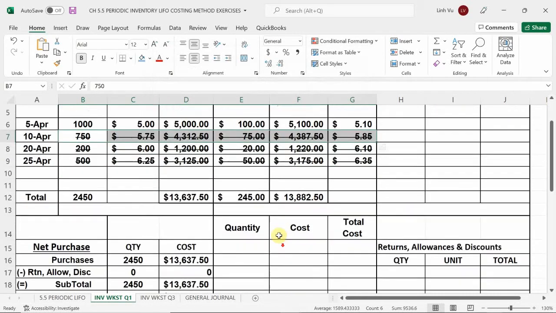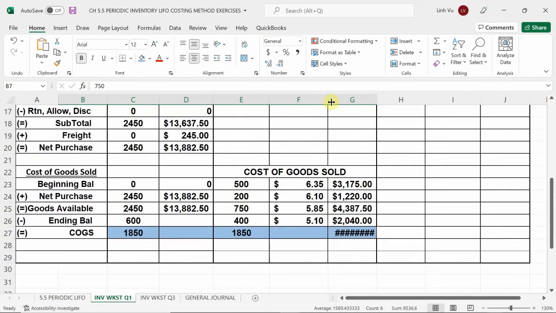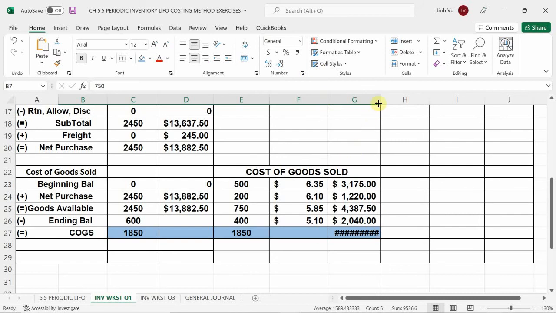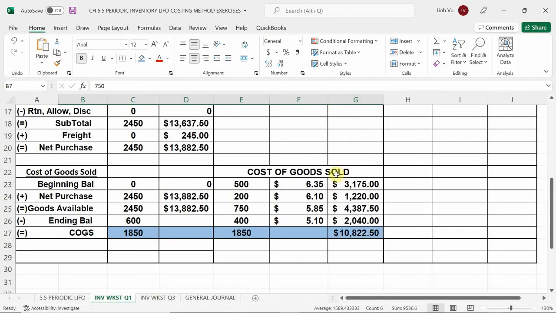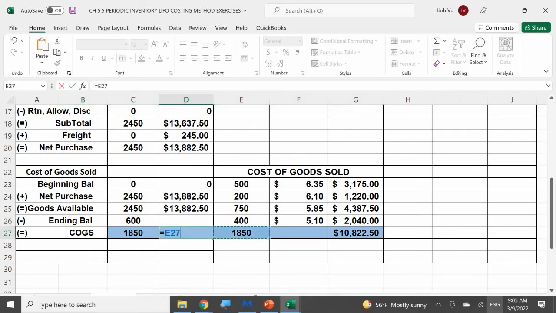Adding up my totals, when I do sell all 1,850 units, I end up with a grand total of $10,822.50.